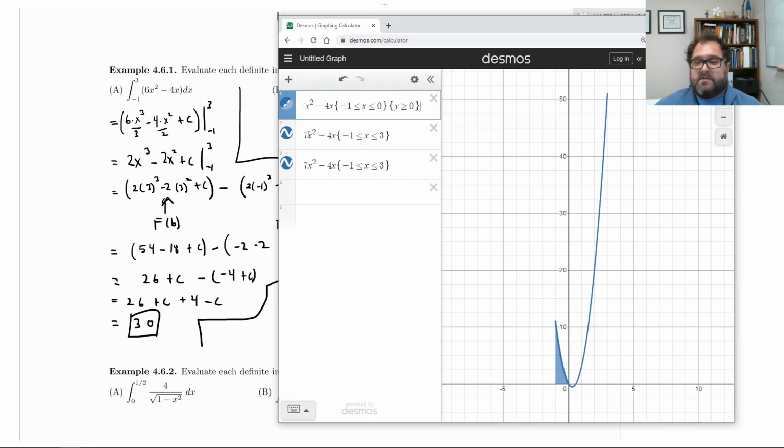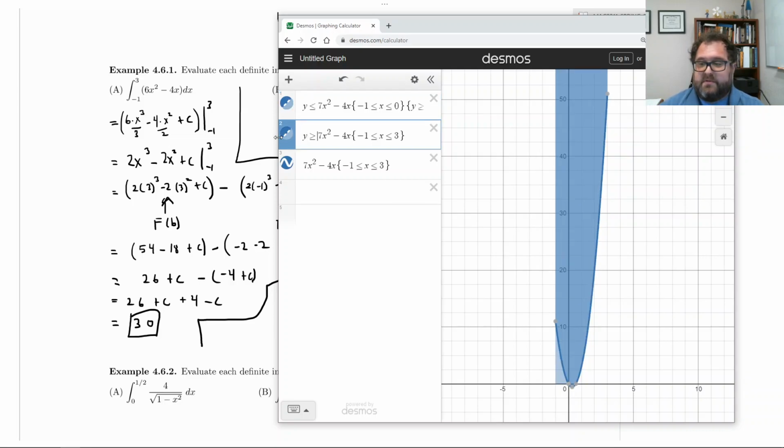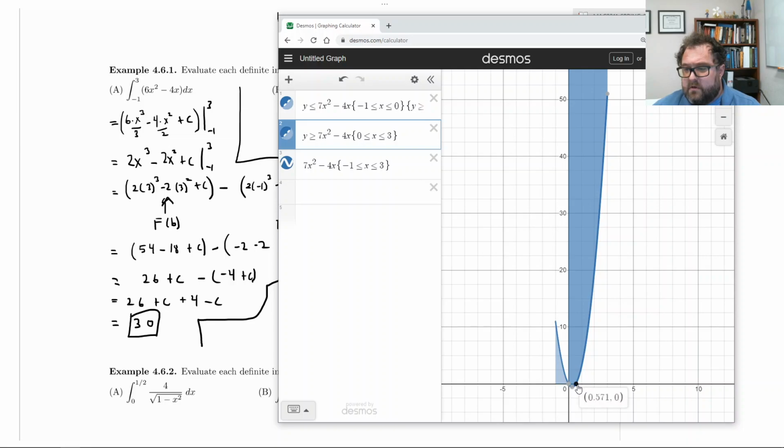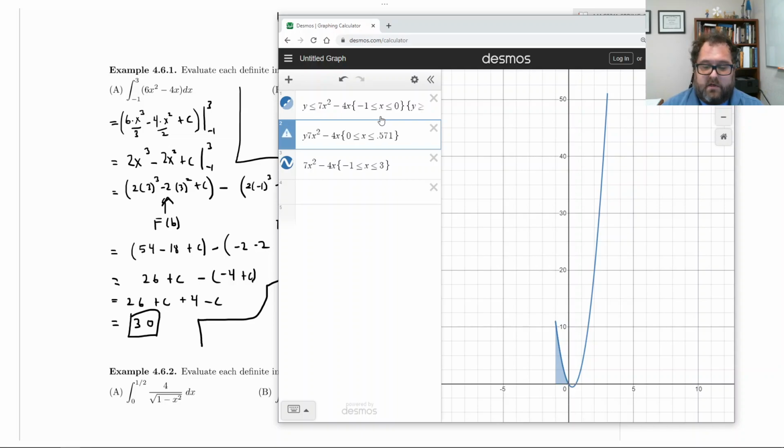And then over here, we're going to say y is greater than or equal to 0. We're going to go from 0 to the x-intercept, which is approximately 0.571. And we're also going to say y is less than or equal to 0. Okay.